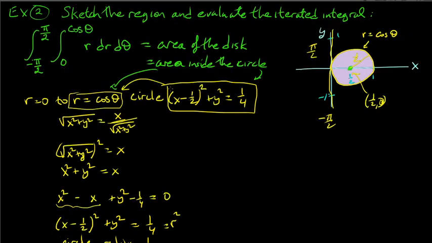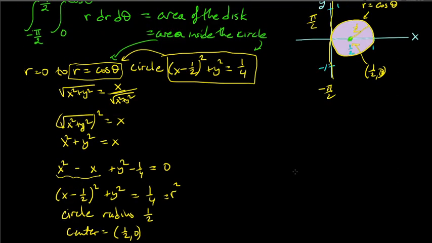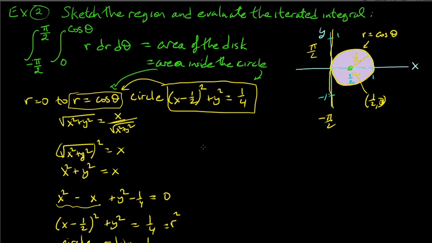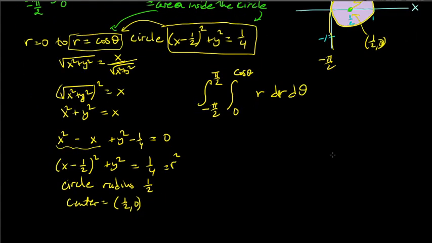Okay, so now let's just evaluate the double integral. Hopefully you know what the answer is by now, but let's evaluate it just to make sure. So we're going from negative pi over 2 to pi over 2, and then r goes from 0 to cosine theta of r dr d theta. So it's an r.